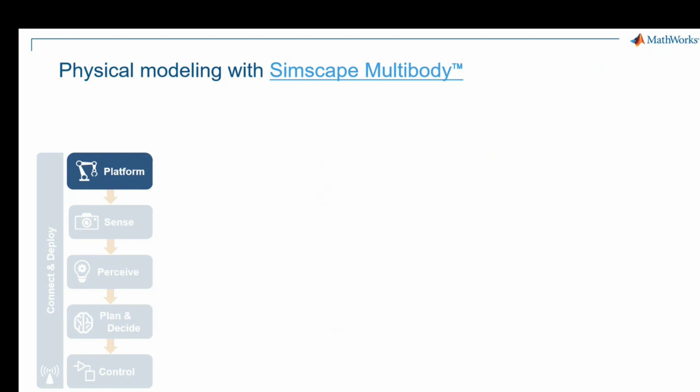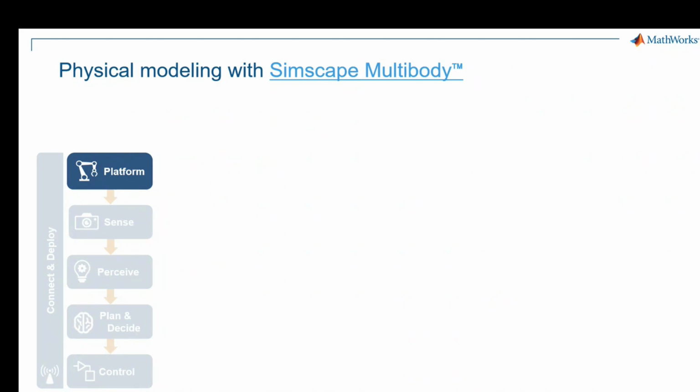Simscape is a tool that enables us to rapidly create models of physical systems inside the Simulink environment. And one of the blocks of Simscape is called Simscape Multibody. Simscape Multibody provides a multibody simulation environment for all the 3D mechanical systems.